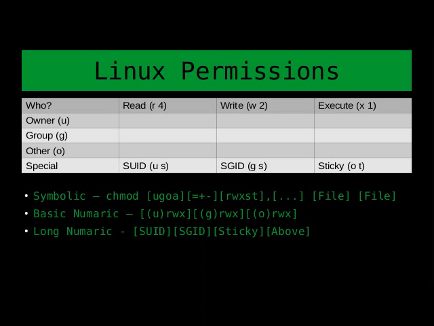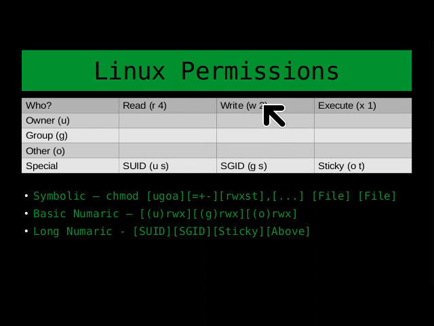Now, what about our long numeric? We have one more digit that we add. We're going to append everything we did up here at the basic numeric on the end of that. But the first one, set user ID would add a 4.